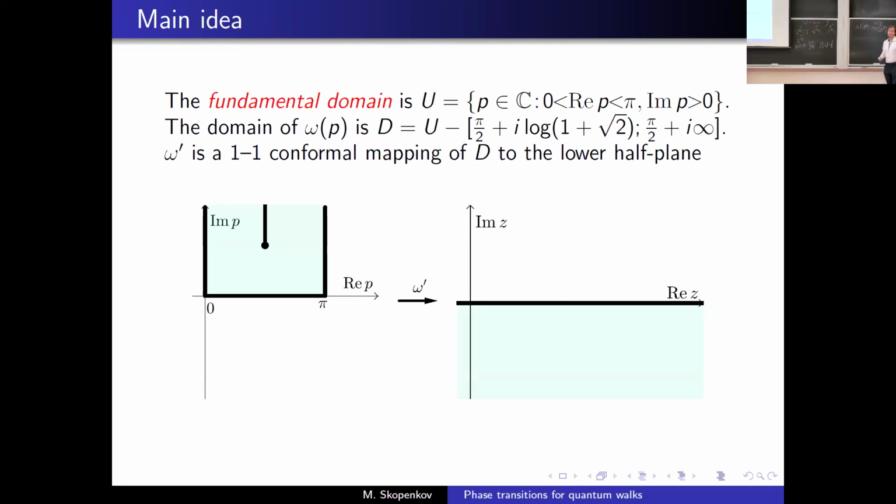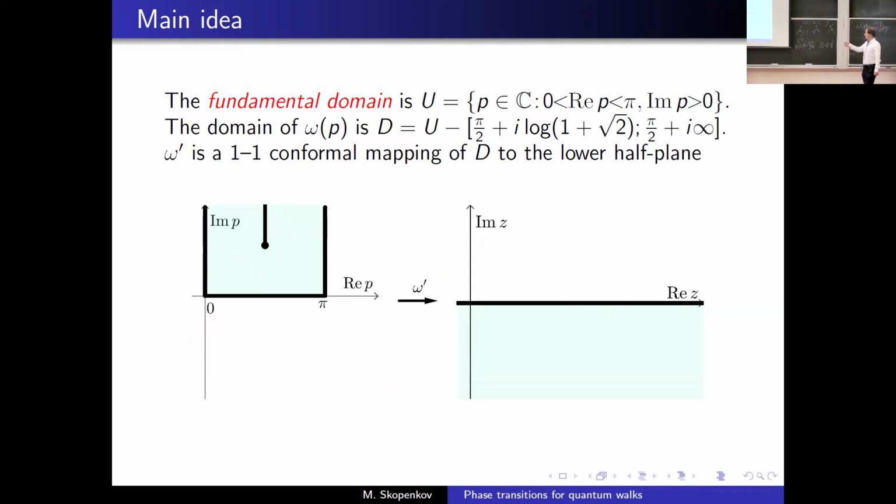This function has a lot of symmetries, so that its value at an arbitrary point can be easily expressed in terms of the values in the so-called fundamental domain, which is defined on the slide and shown in the figure to the left. We also exclude a cut, that is a vertical ray here, just to make this square root a single valued function in the complex domain.